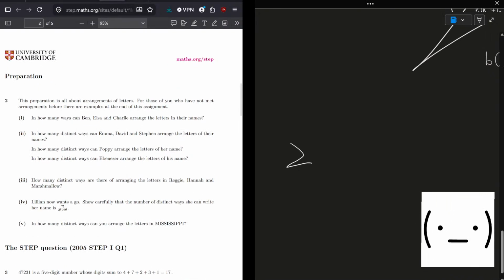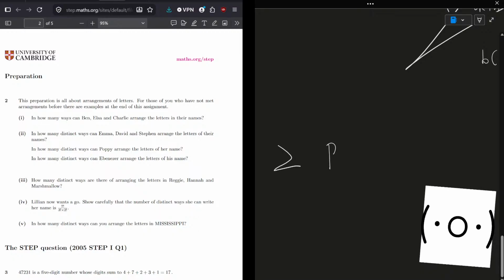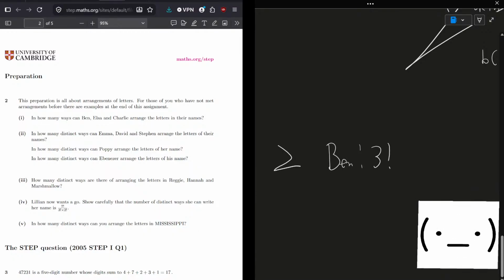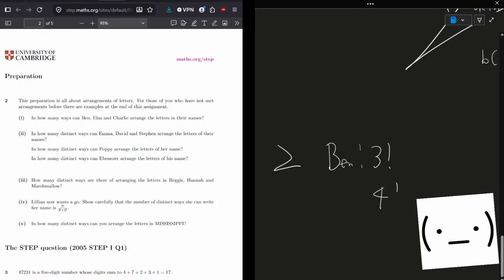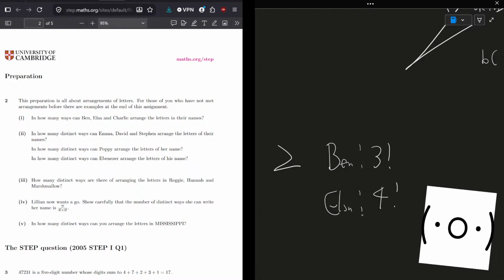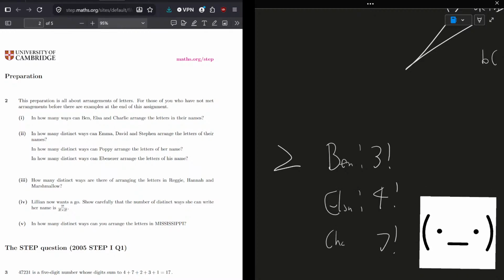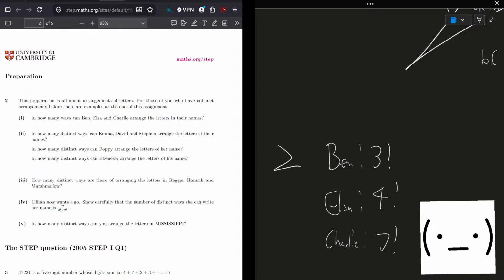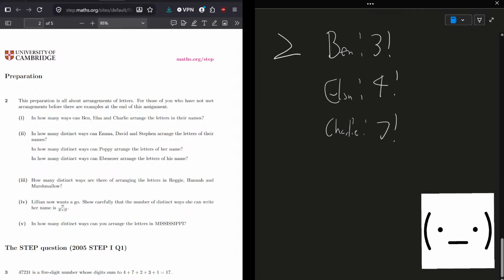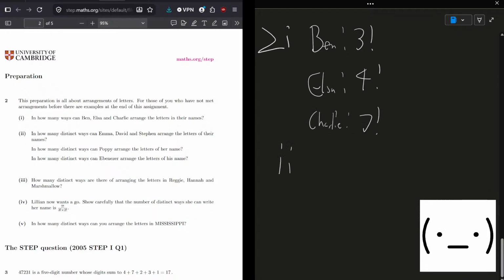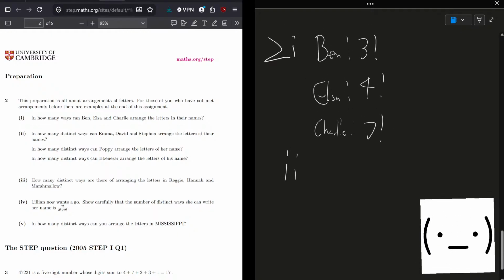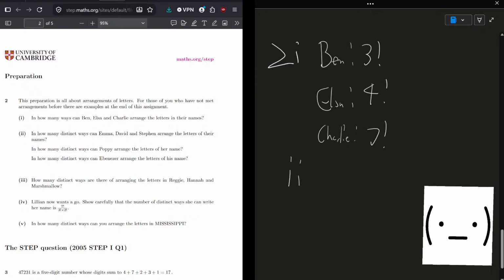So Ben is 3 factorial, Elsa is 4 factorial, Charlie is 7 factorial. How many distinct ways?